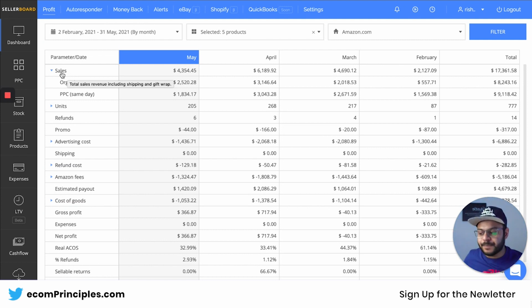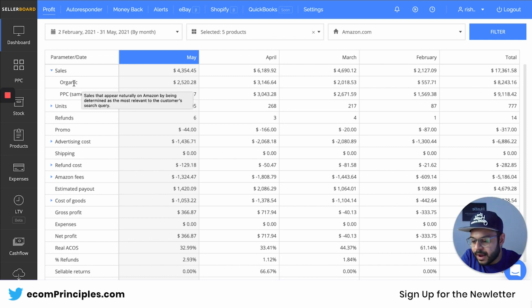So if people are adding gift wrap, if people are checking the option for expedite shipping, those dollars kind of float to you, and that's also calculated and taken into account. If you hover over organic, it says sales that appear naturally on Amazon by being determined as the most relevant to the customer's search query, right?